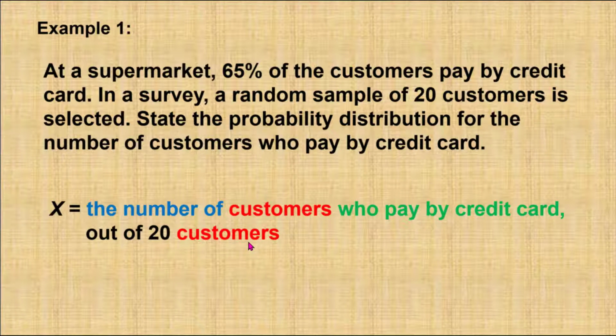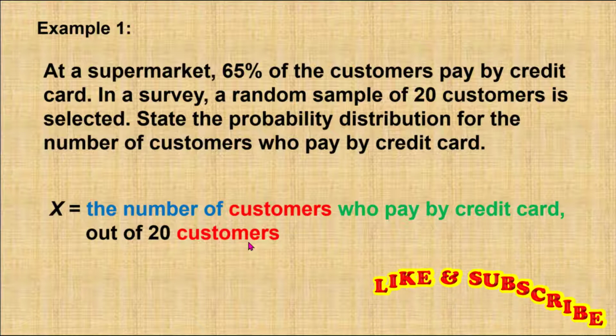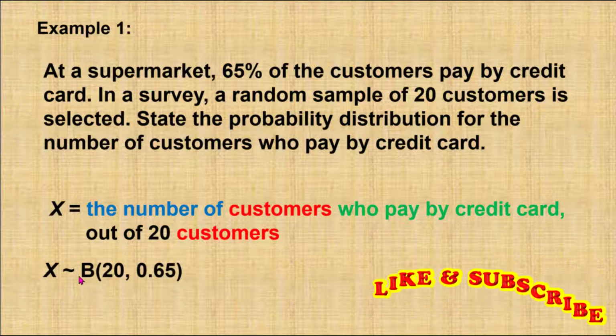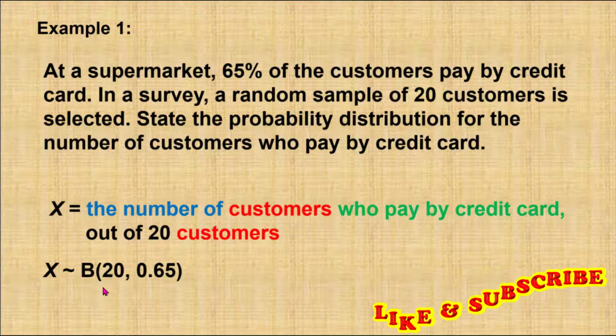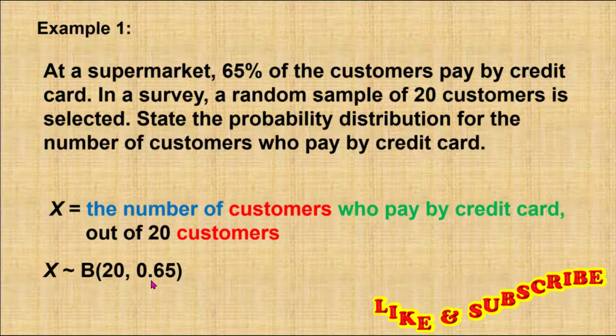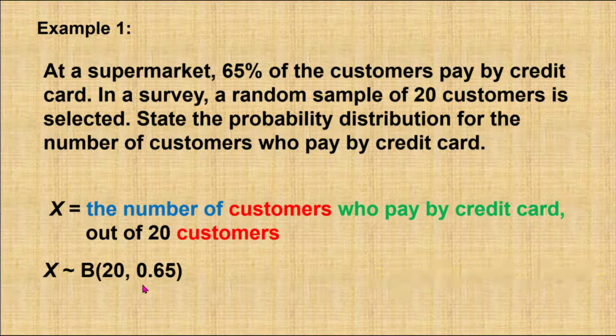Since this question satisfies the conditions of a binomial distribution, the probability distribution of X is binomial with parameter n equal to 20 and the probability of success for each customer equal to 0.65.